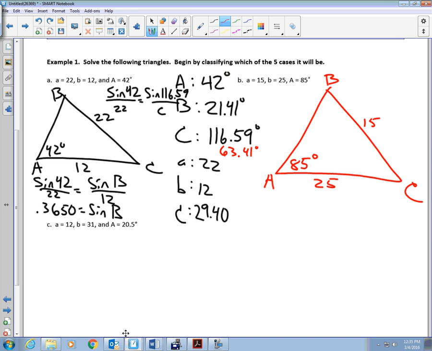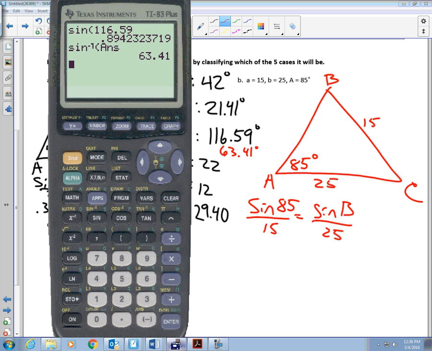There it is. Okay. Sine of what over 85 equals sine of 85 over 25. And so I'm going to multiply the other side by 25. 25 sine of 85, divide by 15. 1.66.